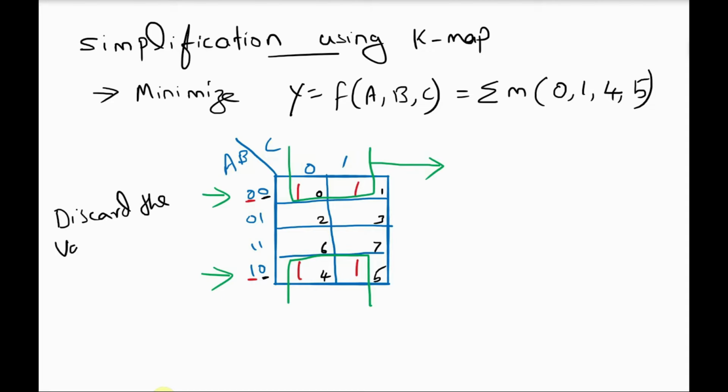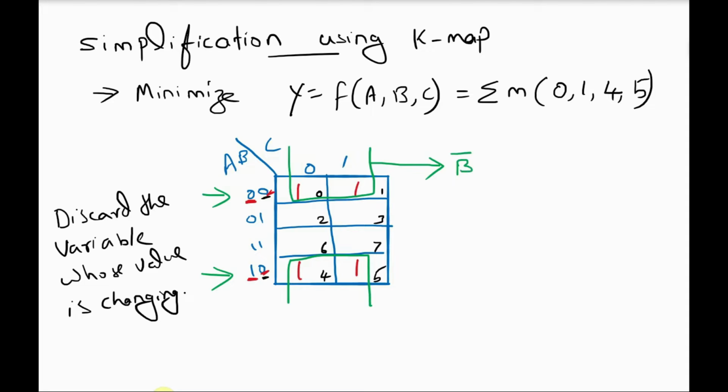So here the value of a is changing in the first row and last row, but b remains the same. The value of b is 0 in both cases. In the first row b is 0, in the last row also b is 0. So we can write it as b bar.